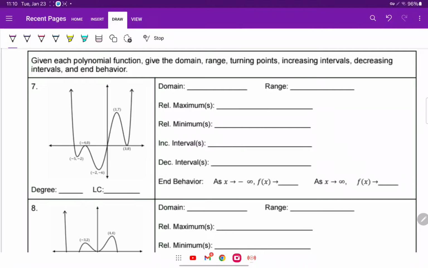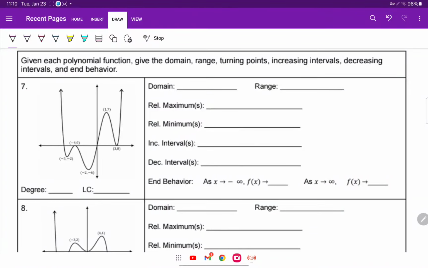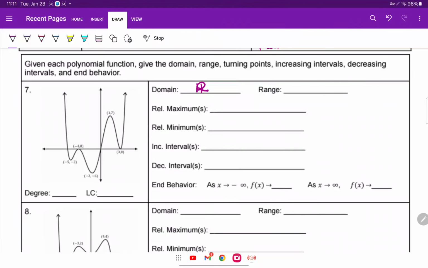So first, let's talk good old domain and range from back before our semester break. Remember, domain is left to right. These arrows go forever, so our domain in this case would be all real numbers. Our range points up forever, but it does not point down forever.